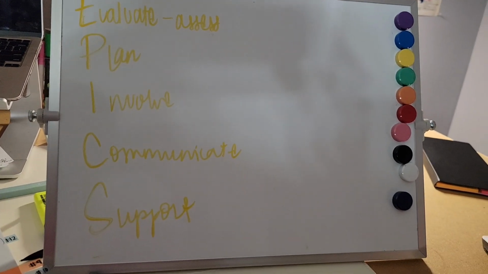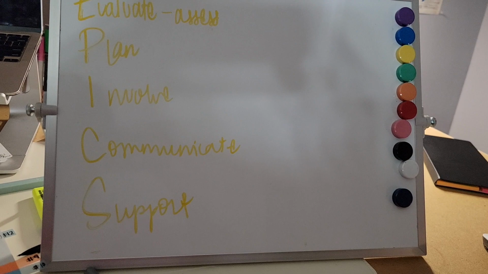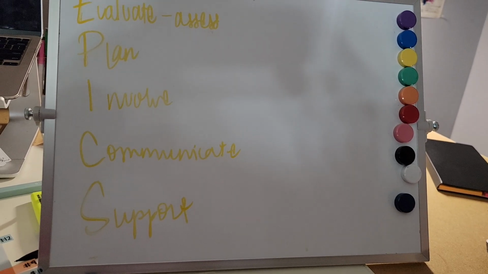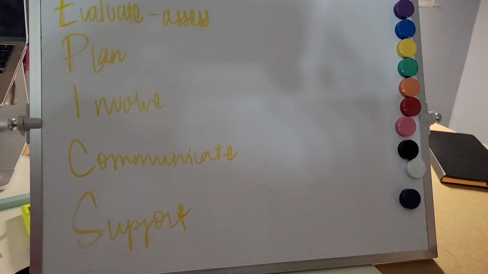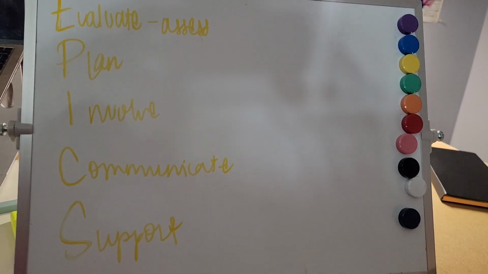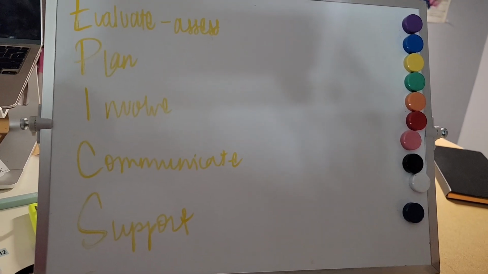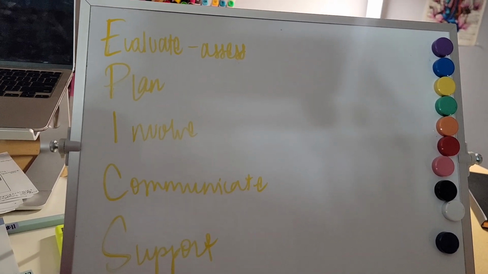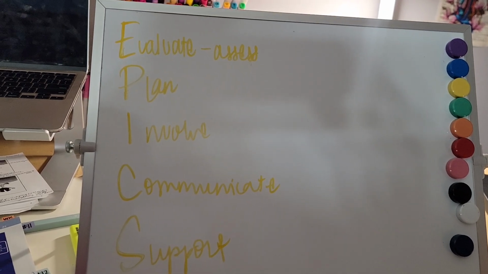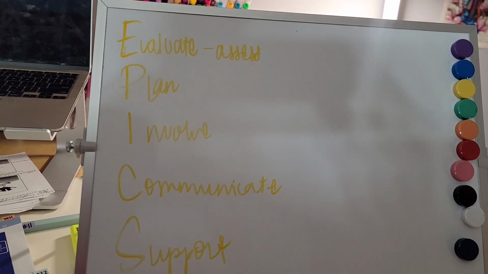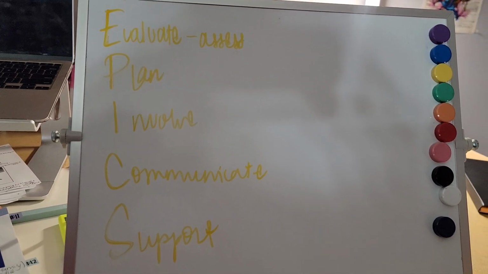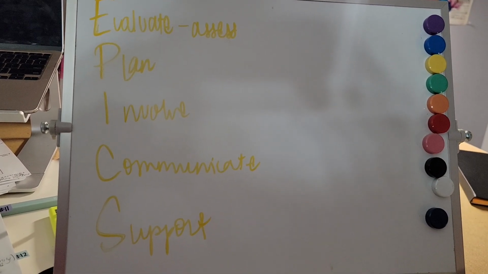I is involving the family, like we talked about earlier, family participation. If you're doing wound care, maybe they can hold something for you. Just little things. The little things really help and help them feel like they're in control.